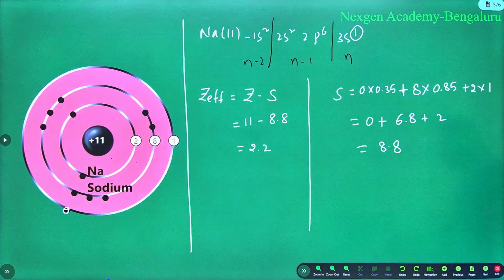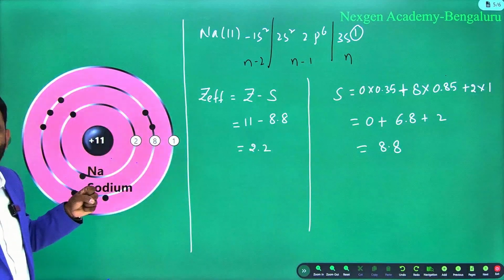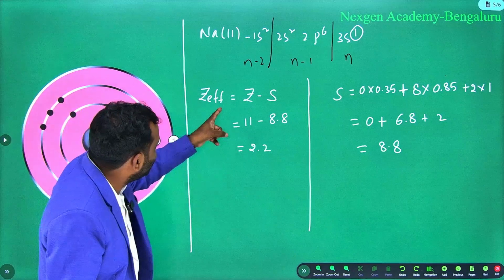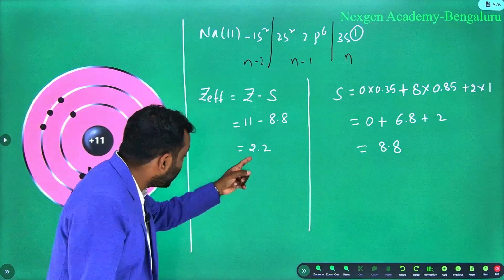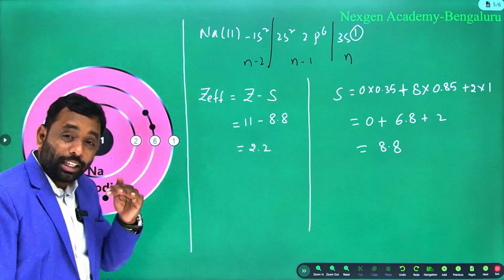Look at this. How much is the nuclear charge decreased? We expected 11. Reality is 2.2. That means 8.8 is decreased.